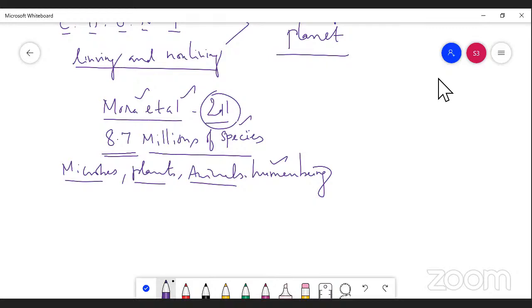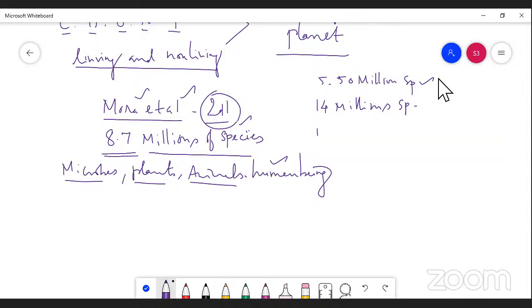Now the estimates of scientists are 5 to 50 million species. On average, about 40 million species have been identified, classified and explained by the scientists.